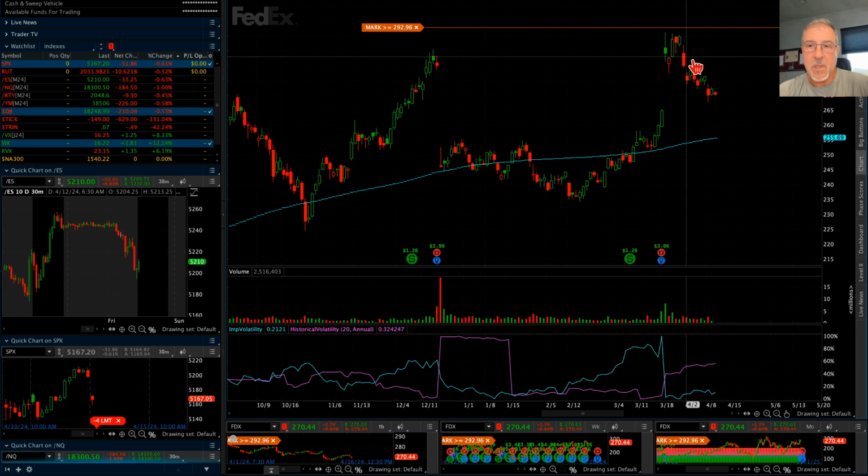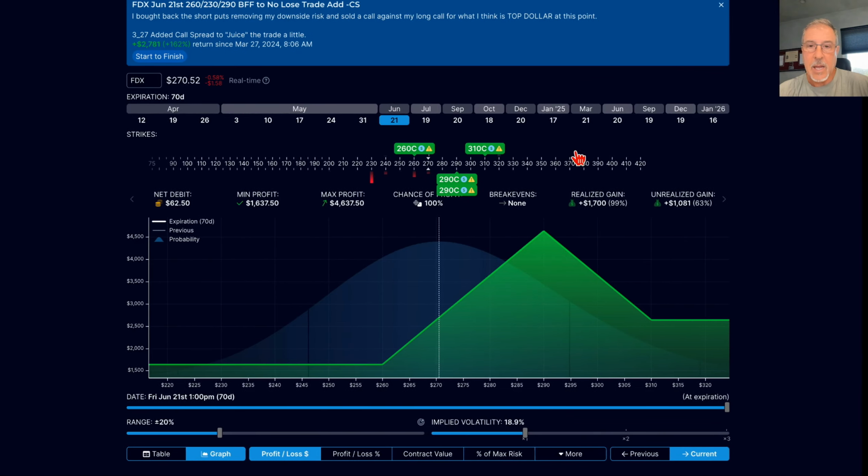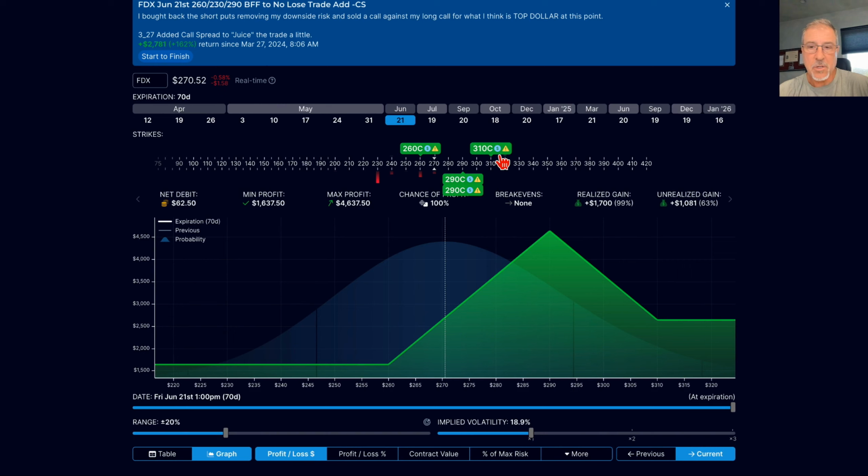So when we were up in this area and I could get a fair amount of money for that short 290 call and then buy a further out call to create the structure here, I was okay doing that. That's a no-brainer in my mind because I expected FedEx to either stabilize at 290 or possibly pull back.